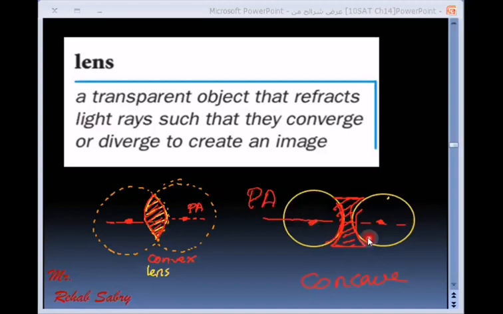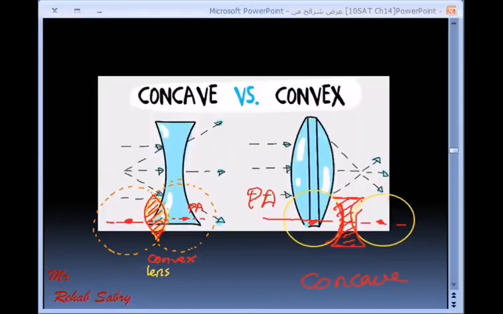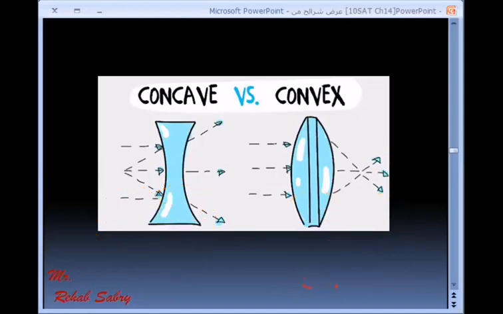So we had an overview on the nature of the lenses. The convex lens is a converging lens.